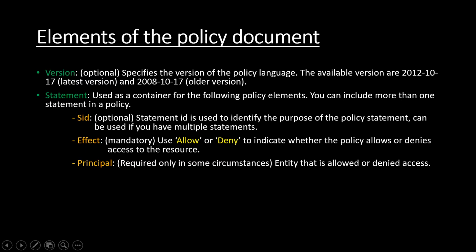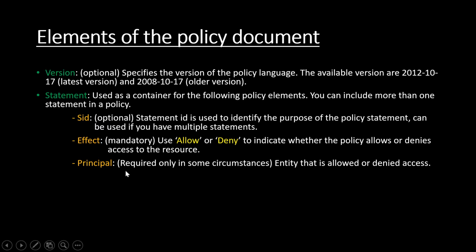It is optional because when we attach the policy to an entity like a user, role or group, the principal is automatically inferred as that entity. In case of a resource-based policy, principal is necessary because the policy is attached to the resource. You must indicate the account, user, role or federated user to which you would like to allow or deny access.